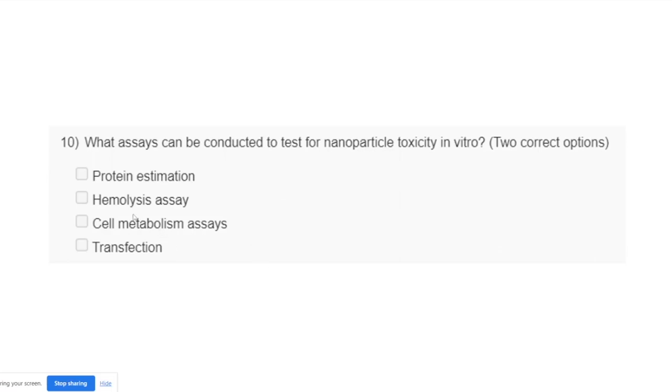And for the cell metabolism assay, you can measure by incubating these particles along with cells, and you can add another detecting agent to measure the cell metabolism.